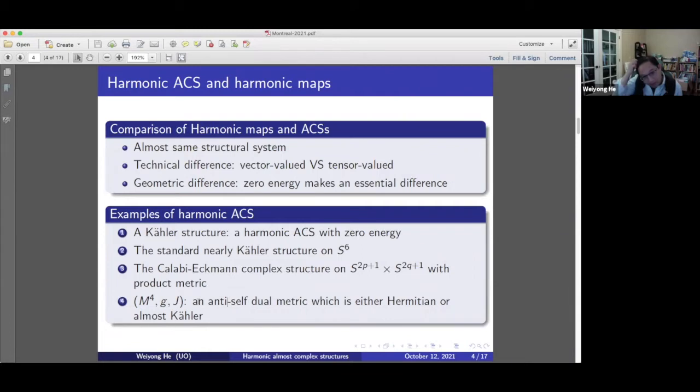If you have any anti-self-dual metric which is either Hermitian or almost Kähler, then these will all be energy minimizing harmonic almost complex structures. Since anti-self-dual metrics in dimension 4 can be constructed by the gluing construction of the famous result of Taubes, this is quite a flexible condition, compared with the very rigid Kähler structure.